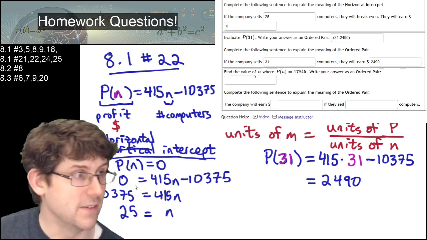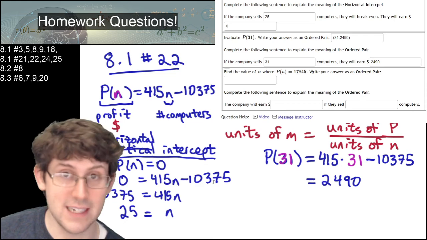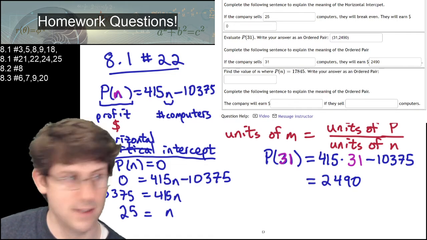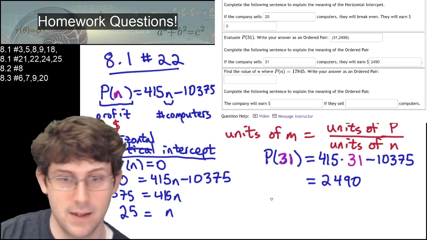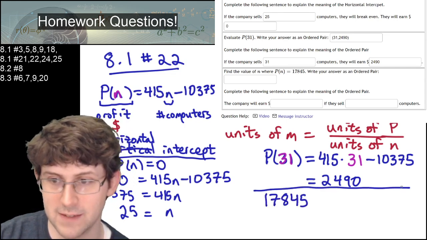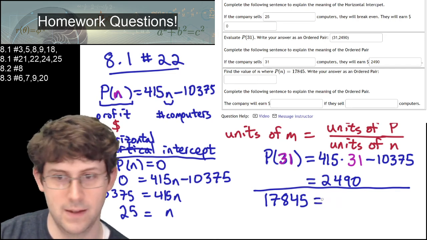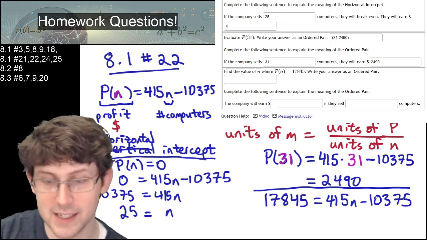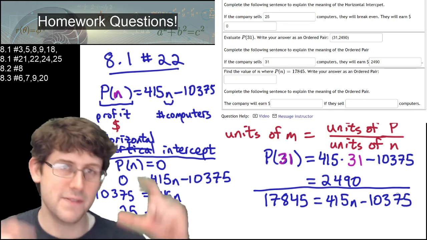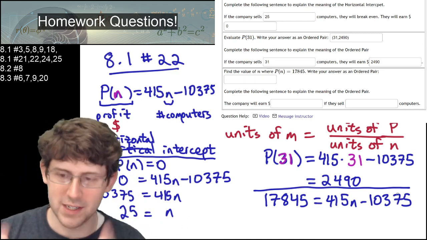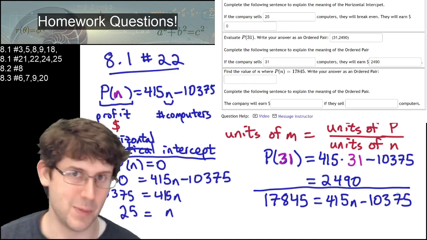Okay, finally, find the value of n where P of n is 17,845. 17,845 being plugged in for P of n now. Well, this is an equation I can solve. Notice that to solve each part, I figured out which thing was supposed to be plugged into which part.